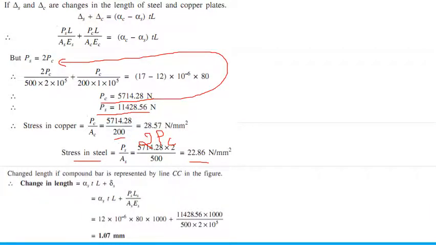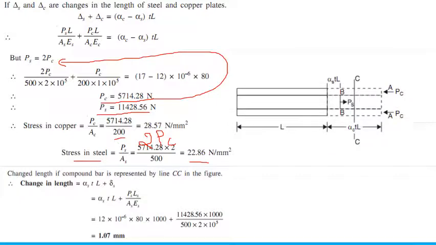Next, the changed length of the compound bar is represented by the line CC dash in the figure. So in the figure, this is the actual change in length of the material. Next, to find the change in length for steel, this is the amount of expansion which takes place in the steel material due to the application of temperature, and this is the gap with respect to the actual position.